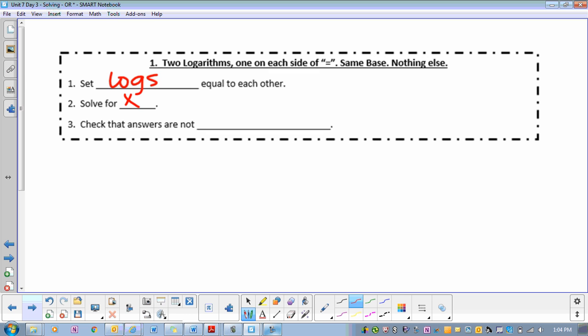Solve for x. And then check that the answers are not extraneous. Remember, can't equal 0, can't equal negative. Okay, we're making notes for ourselves.